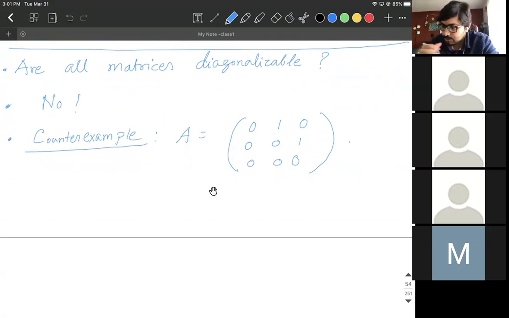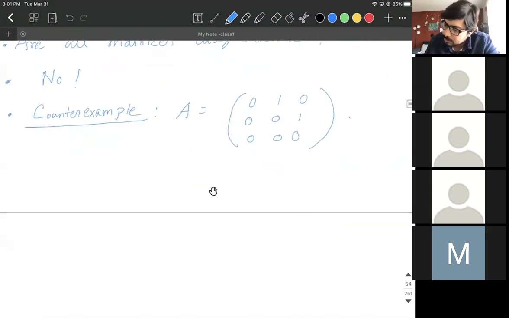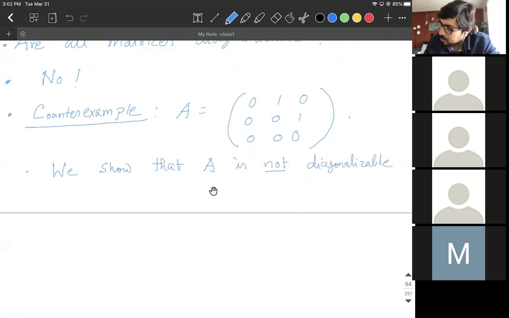Now, how does one show that this cannot be diagonalizable? What we do is show that A is not diagonalizable through what is called reductio ad absurdum.